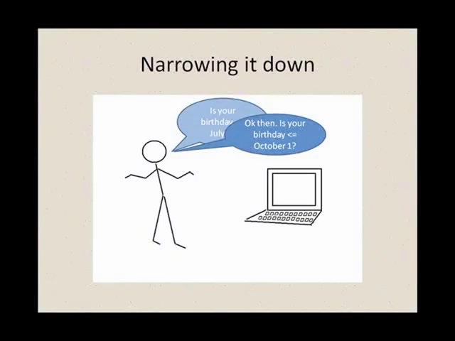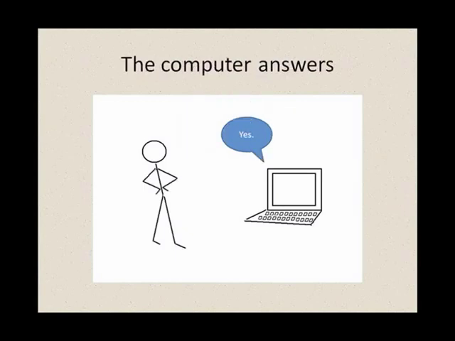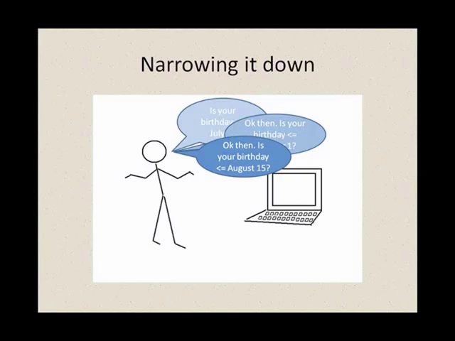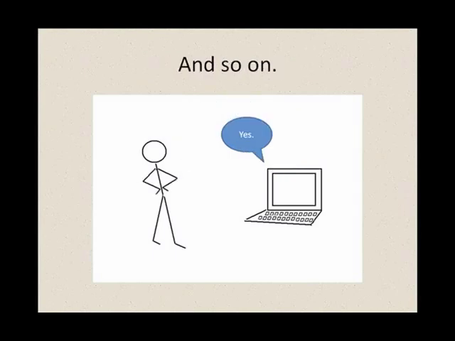Is it before or equal to October 1st? And the computer then, assuming it's in August, might say yes. And then you might say, okay then, we've narrowed it down. Is your birthday less than or equal to August 15th? And assuming it's August 3rd, the computer would say yes, and so on.